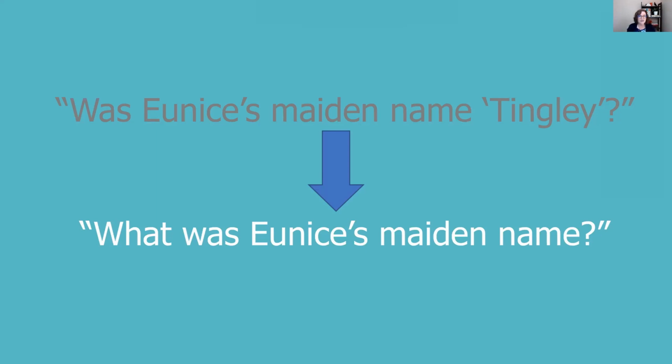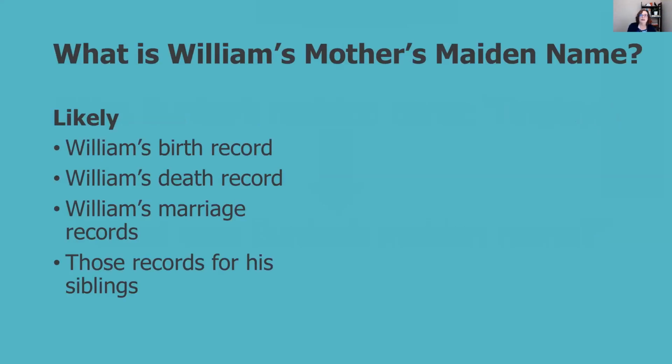So, like I said, there is sort of an art to asking a good research question, asking what it is you want to find. Well, let's think about a hypothetical research problem. And maybe I'm trying to find what is William's mother's maiden name. And here's where having that good research question can really help us.